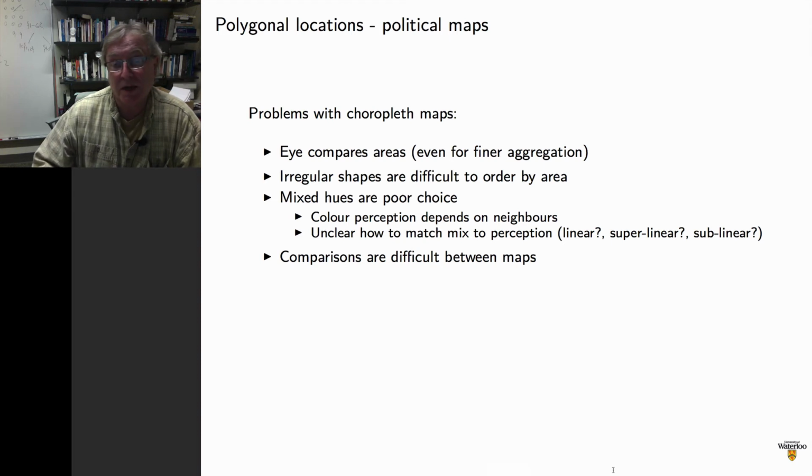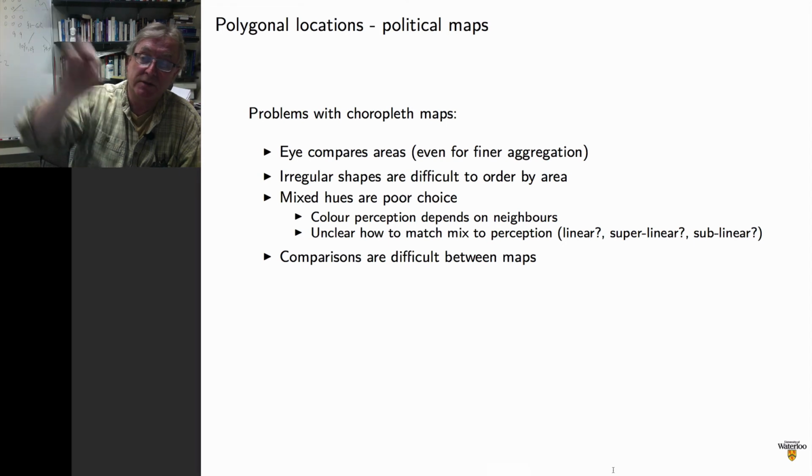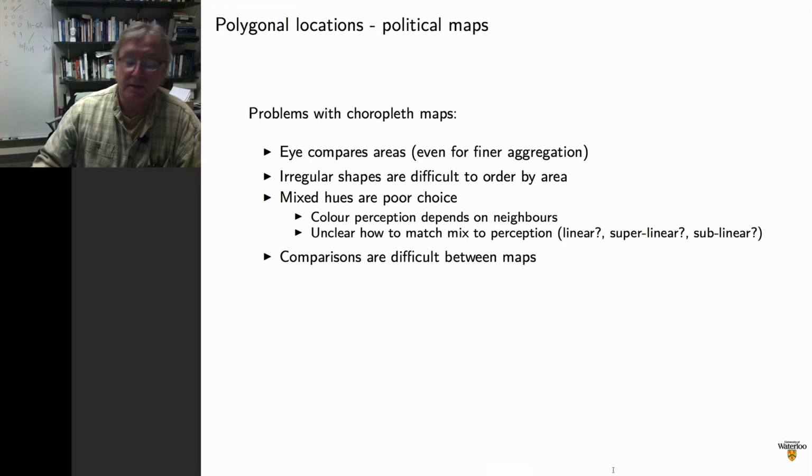It's also unclear how to match the value that you're trying to encode with the actual perception. We know, for example, by Stevens' power law, that perception of areas is sublinear, so maybe rather than map the saturation linearly, we should map it superlinearly so that we perceive it to be linear, etc. It's also difficult to make comparisons between maps.